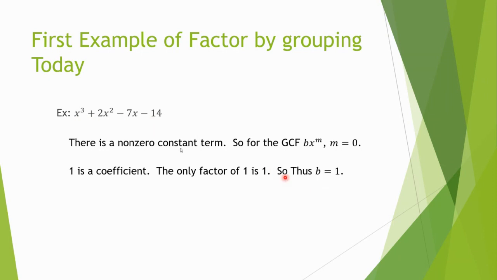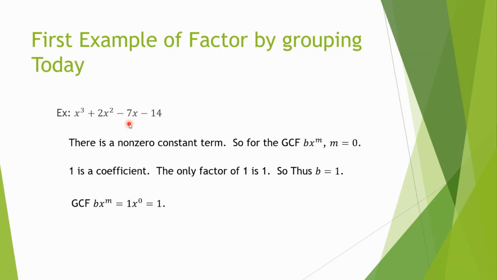Hence, the greatest common factor of the coefficients and the constant term has to be 1. So altogether, our GCF is just going to be 1, as you can see.